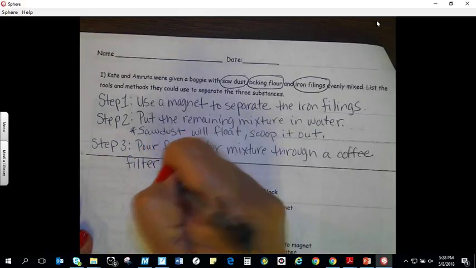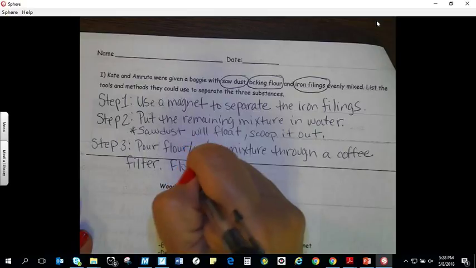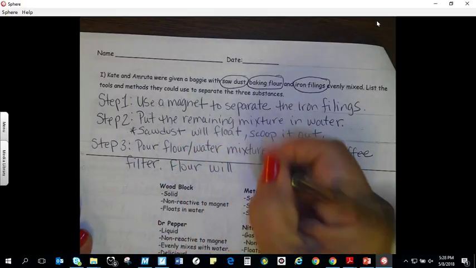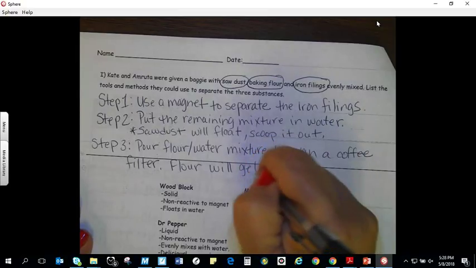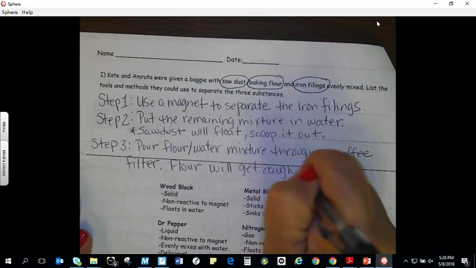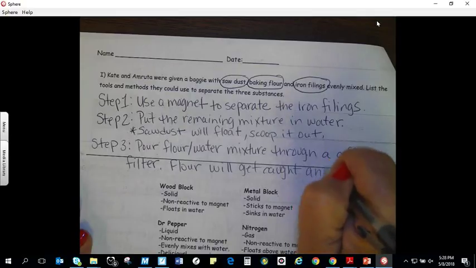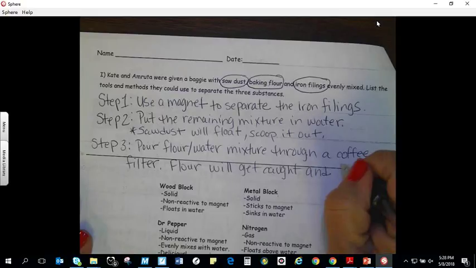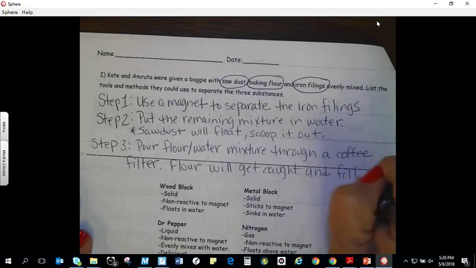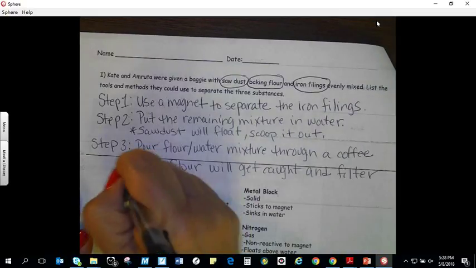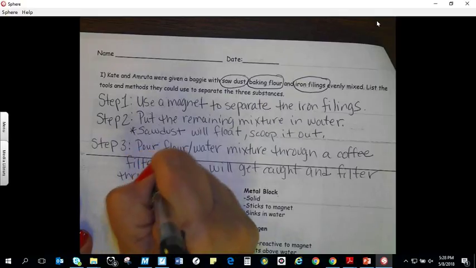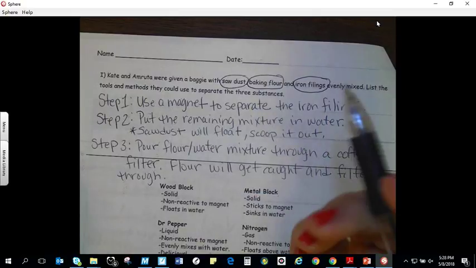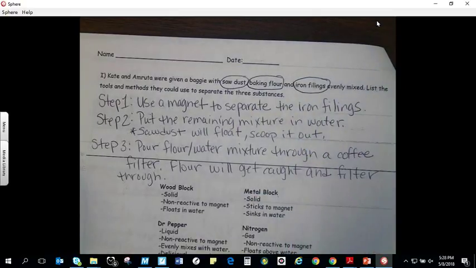Okay, so the flour will stay behind on the filter. And the water will filter through or percolate through that. So yes, you can do this one or evaporate the water. Okay, let's look at the next one.